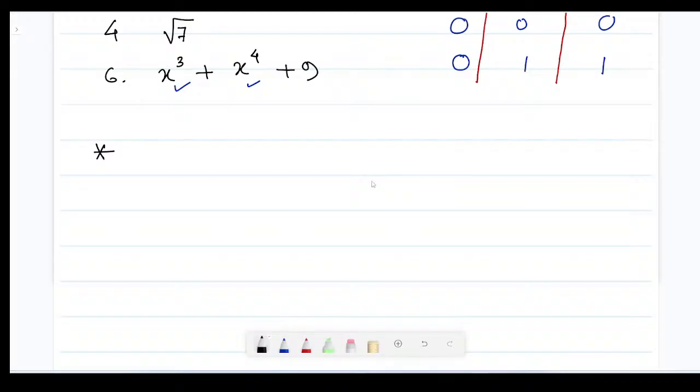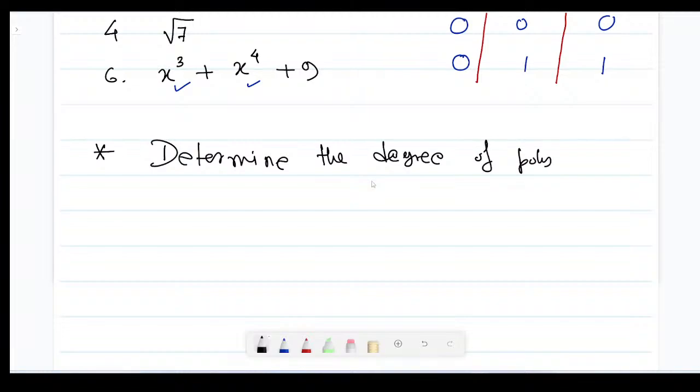Next is determine the degree of the polynomial. Like, what is the degree of this?